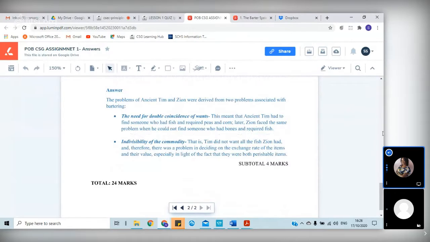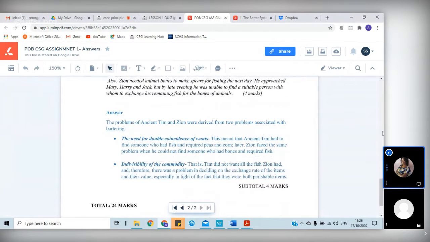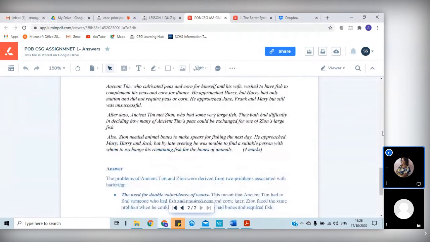So I identified two problems: the need for a double coincidence of wants. This meant that ancient Tim had to find someone who had fish and required peas and corn, right? Remember, who did he approach first? He approached Harry, but Harry only had mutton, and Harry did not want any peas or corn.